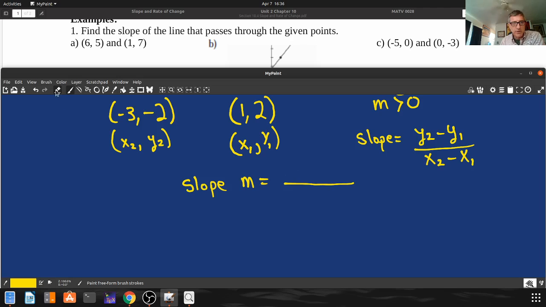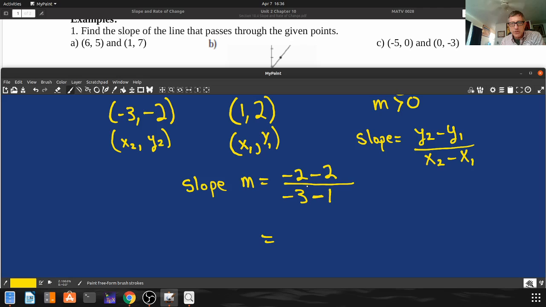Start it over, do it right. My slope m is my y2 value, which is minus 2, minus my y1 value, which is 2, over my x2 value, which is minus 3, minus my x1 value, which is 1.